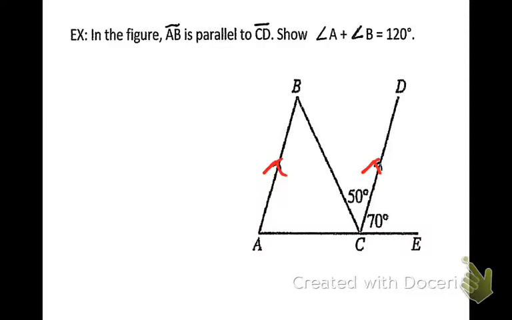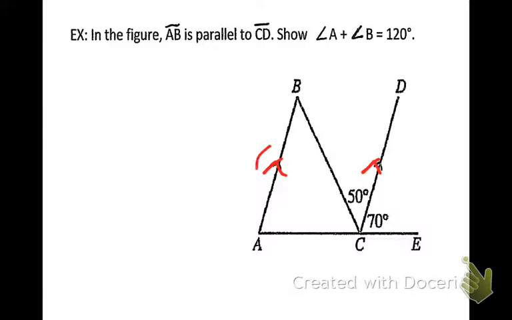Eli. Since the bottom line is a straight angle, you can find the measure of ACB because you have the straight angle and the other angle measures. Okay, we can find ACB, but we need to find A and B.